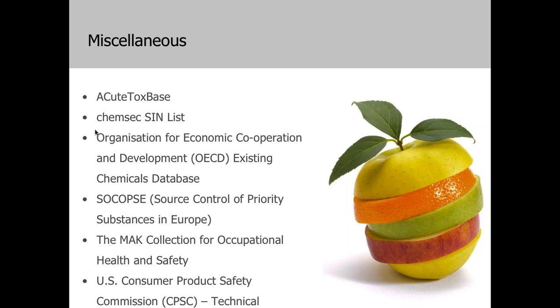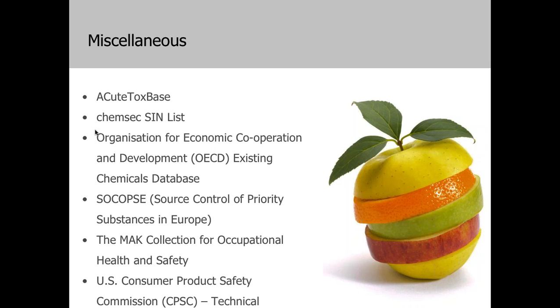The ChemSec Substitute It Now list: ChemSec is an NGO that advocates for using safer chemicals in consumer products. They created their list some time ago, hopefully with the intent of having manufacturers discontinue the use of those products. They've now created fact sheets on each of their chemicals that explain the rationale for why they want those chemicals substituted, and that information is available in that database.